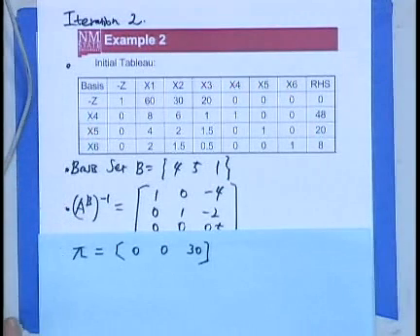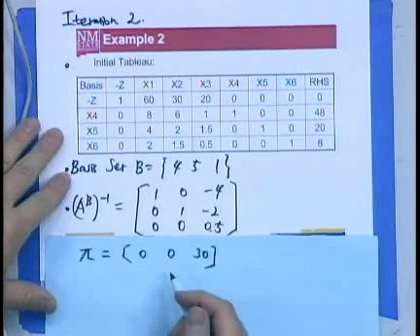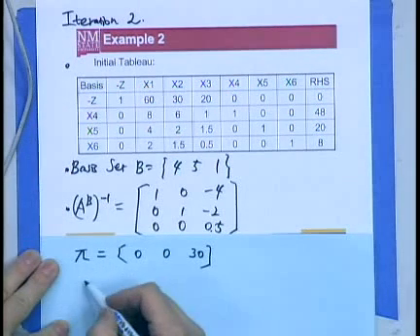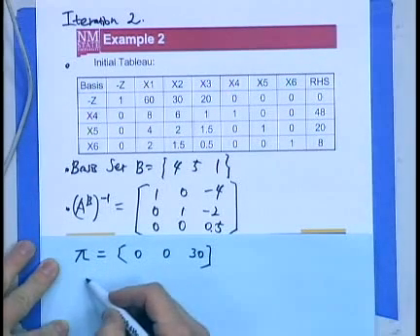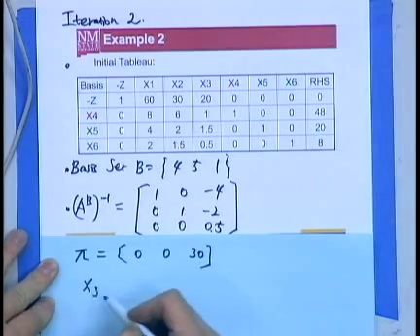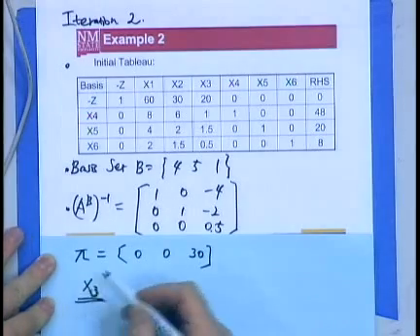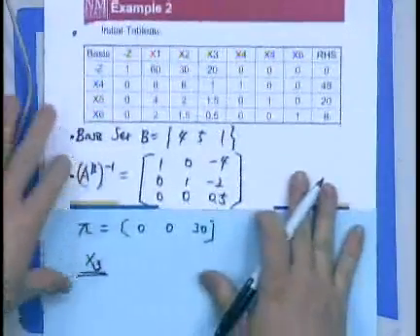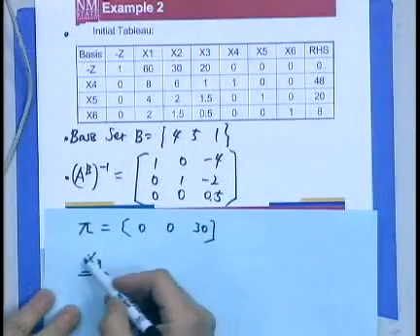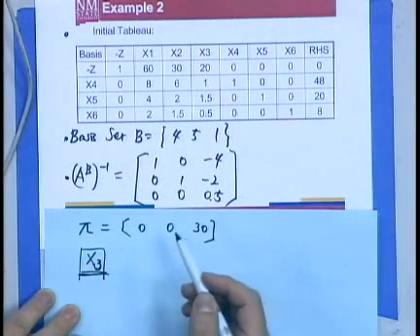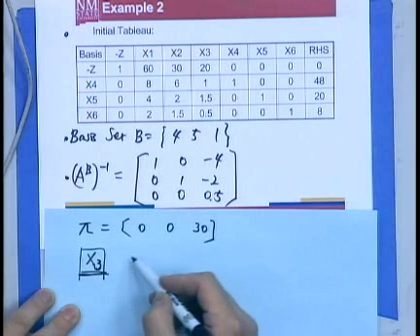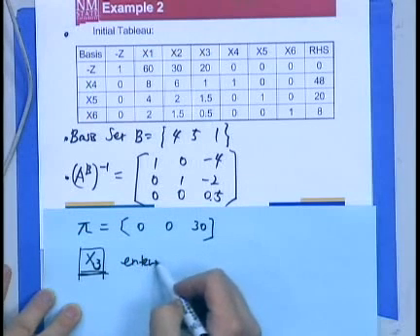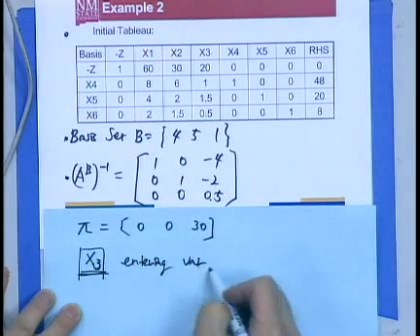And because we are dealing with a maximization problem, the non-basic variable x3 is the only variable which has the positive relative profit, which means x3 must enter the basis, right? Variable.